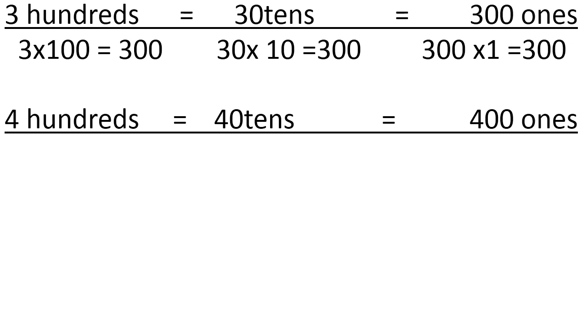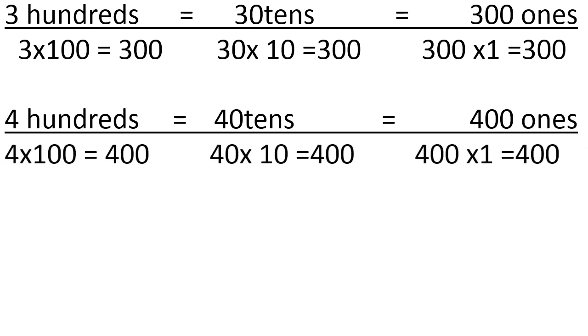Here we have 400. So how we will speak it in hundreds with tens form? 40 tens, and in ones form 400 ones. See, 4 multiplied by 100 is equal to 400. 40 multiplied by 10 is equal to 400, and 400 multiplied by 1 is equal to 400.